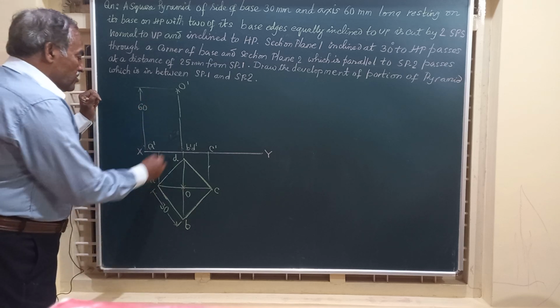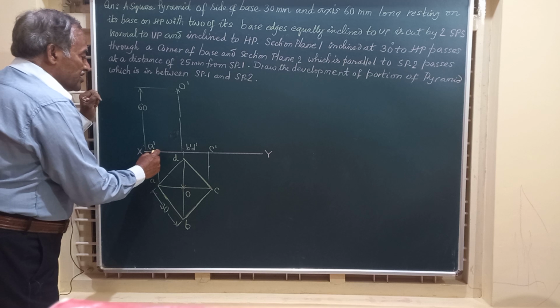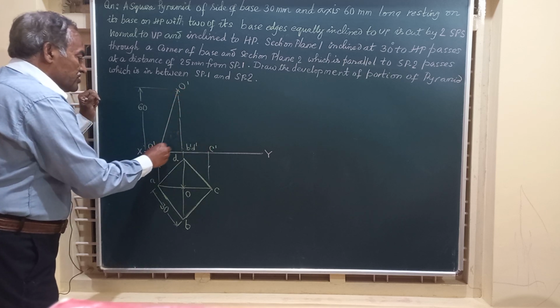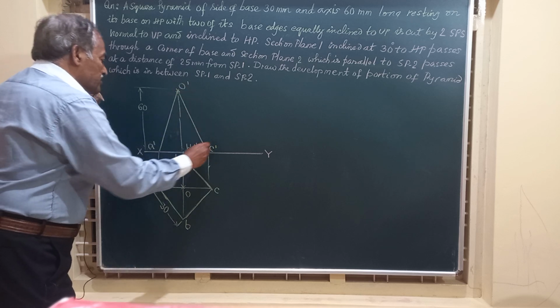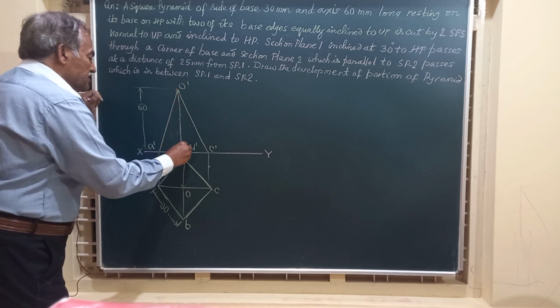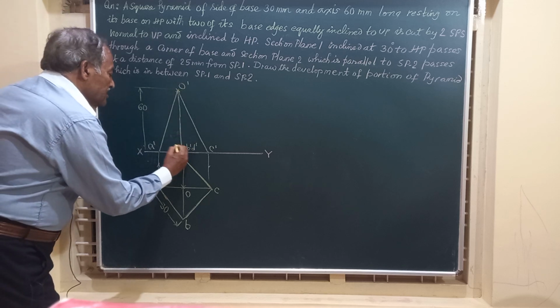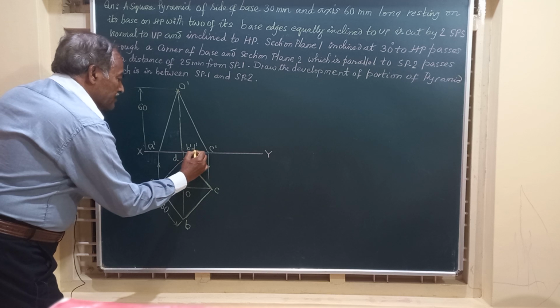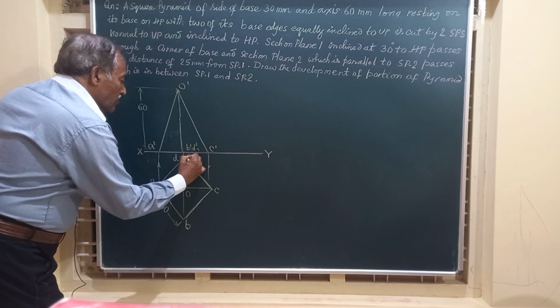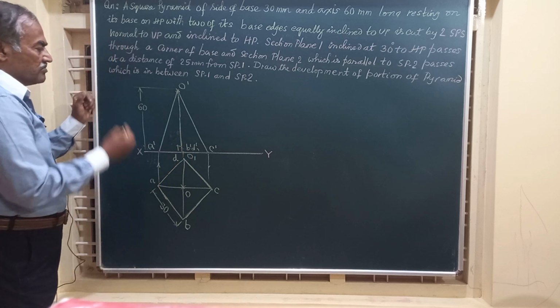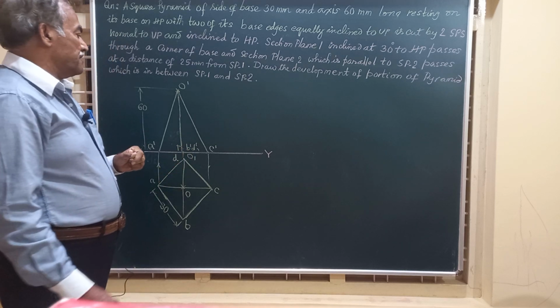And let's join all these corners A, B, C, D to O dash. So I will join O dash to A dash, O dash to C dash, O dash to B dash, and O dash to D dash. This is our point O1. Friends, this is the axis which is normal to HP.